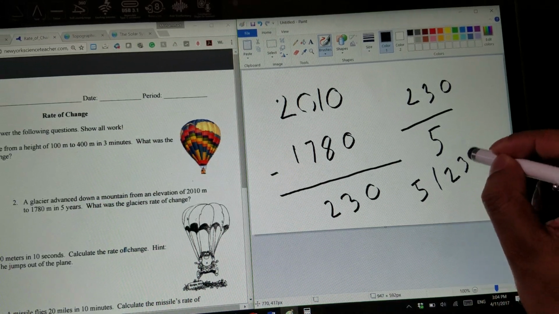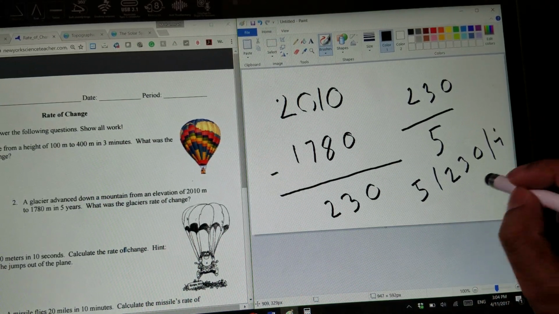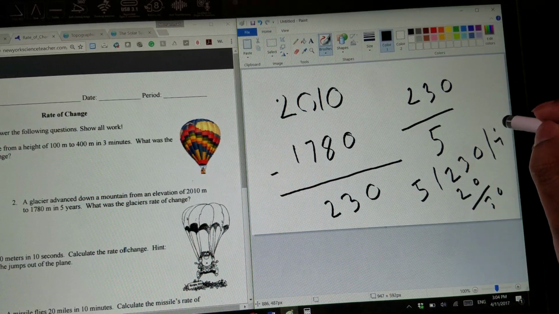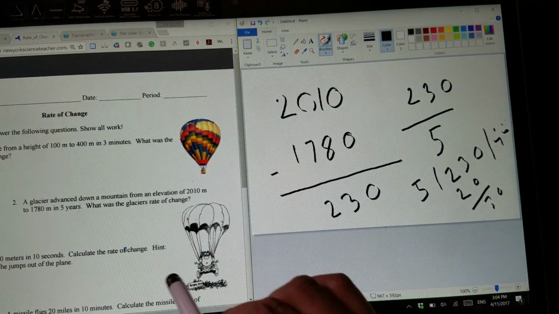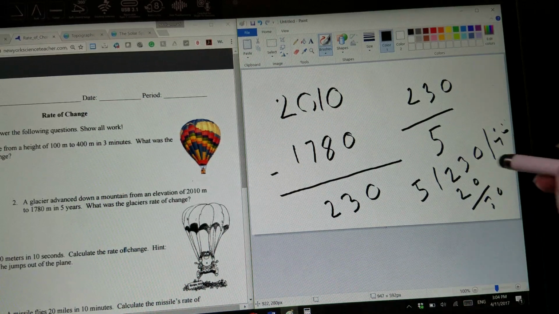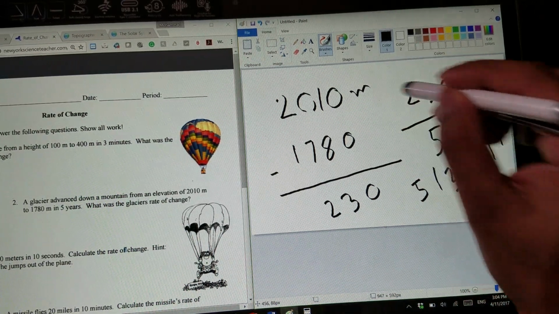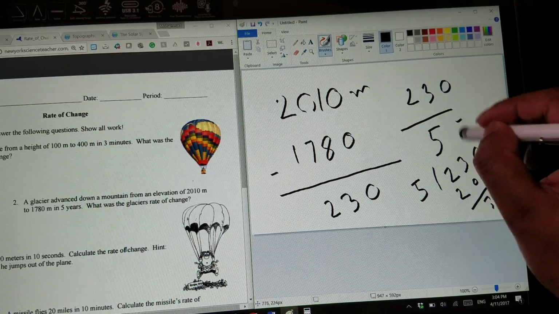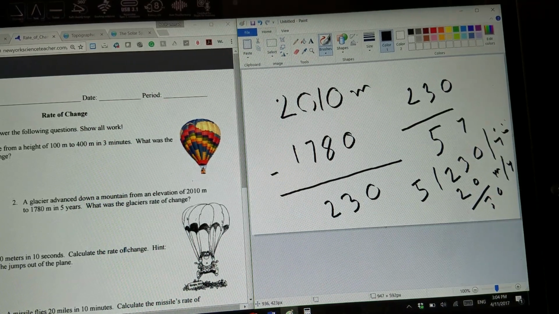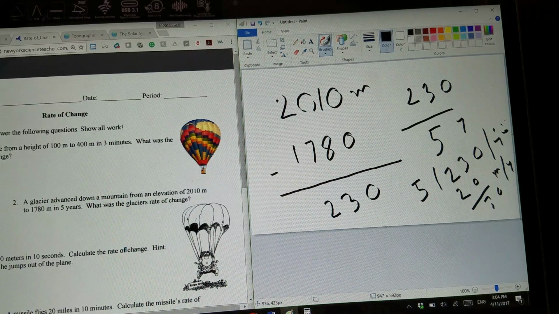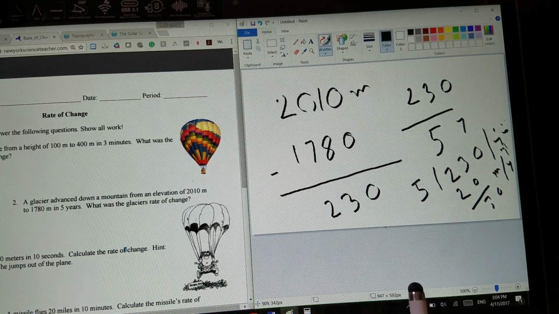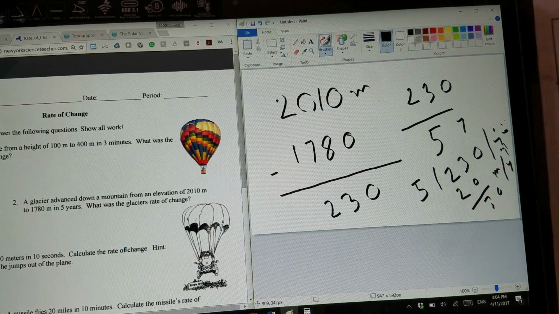So 230 divided by 5 is 46. And make sure you use the units. Remember, this is meters and this is years, so the change is 46 meters per year. Okay, so that is about rate of change.